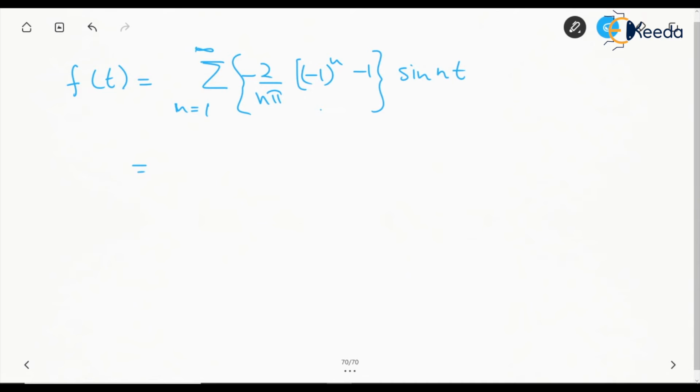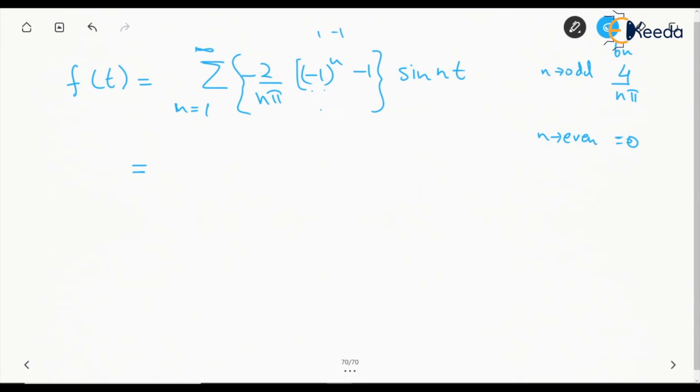So let's start. What if n is equal to 1? If n is equal to 1, this term becomes minus 1, this term becomes minus 1. So overall, for n odd, Bn will be 4 by n pi, whereas for n even, this will become 1 minus 1, which will be 0, right?